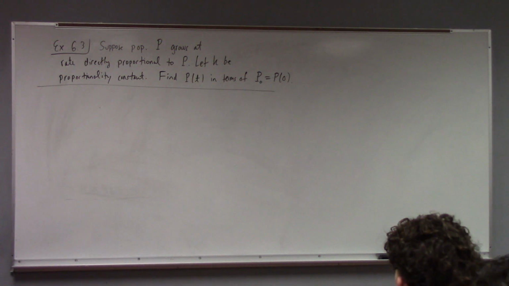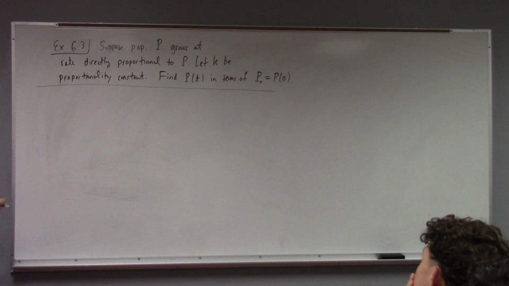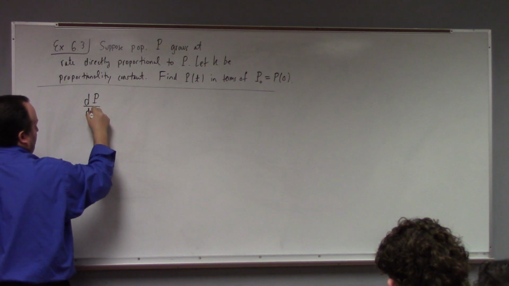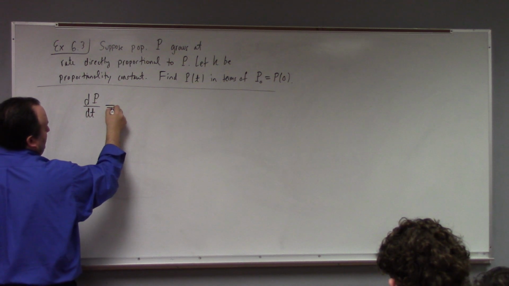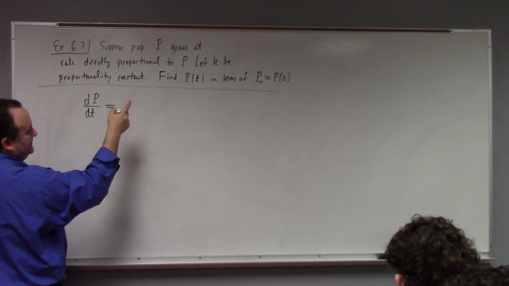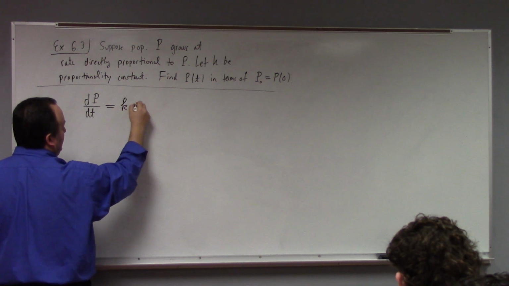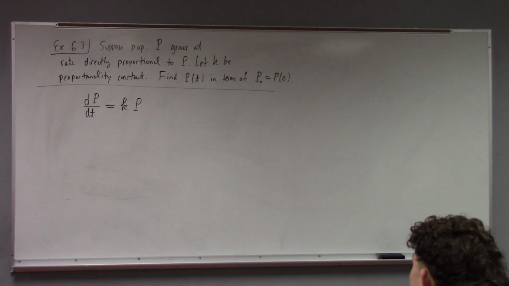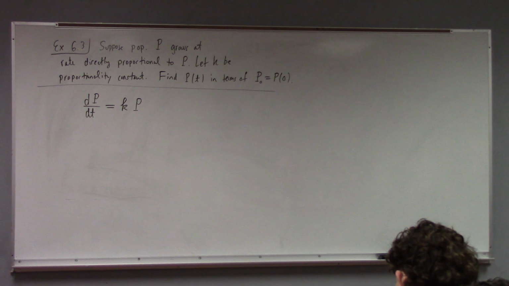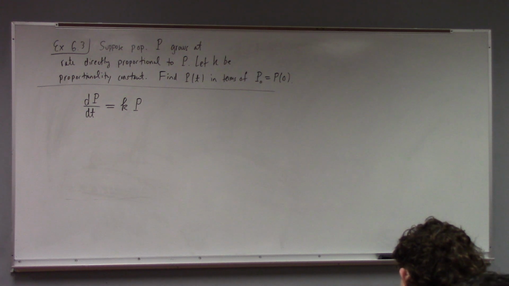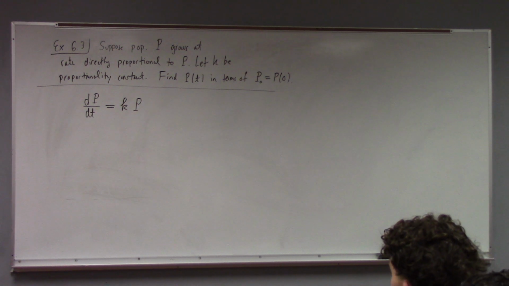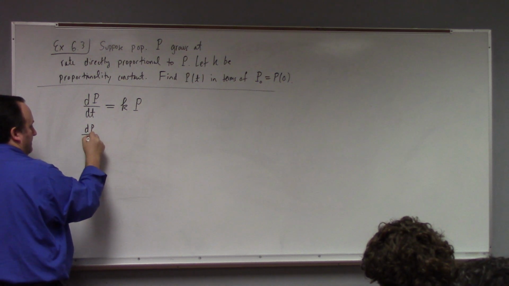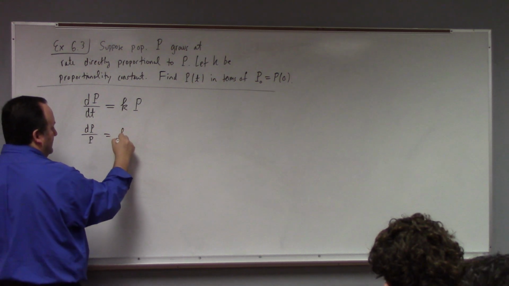So in words, you're being told that dP dt, the rate of change of the population, is directly proportional, with proportionality constant k, to the population. So that's equal to k times P. That's the differential equation we're up against. Can we solve this? Yeah, separate, integrate. So we get dP over P equals k dt.